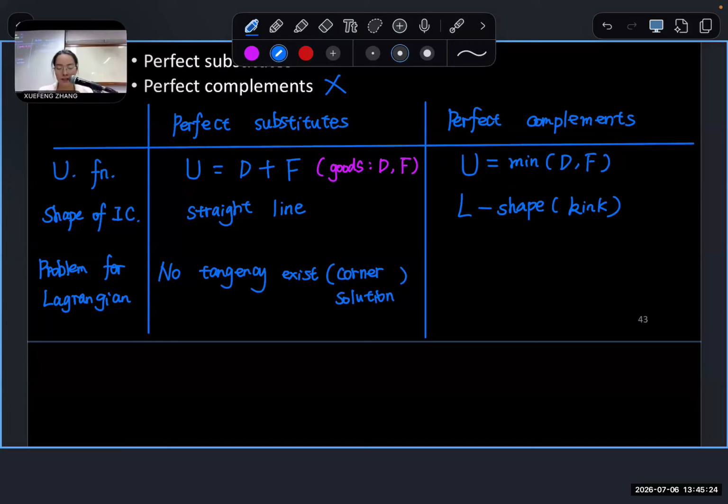But for the kink, because it's L-shaped, like an L, it's not differentiable at the kink point, okay?